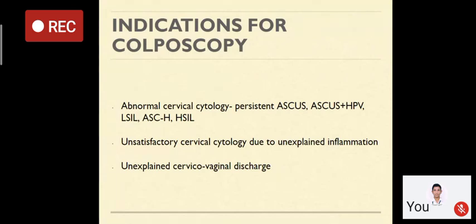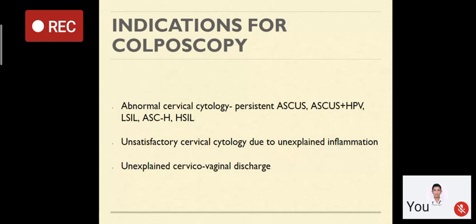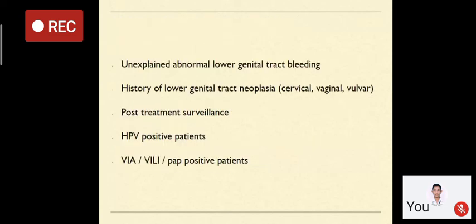What are the indications? If there is abnormal cervical cytology by PAP or LBC as persistent ASCUS with HPV positive, or LSIL, or atypical cells, high grade squamous intraepithelial lesion. Any abnormal cytology report, or unsatisfactory cervical cytology due to unexplained inflammation or unexplained cervicovaginal discharge. These are the indications of colposcopy.